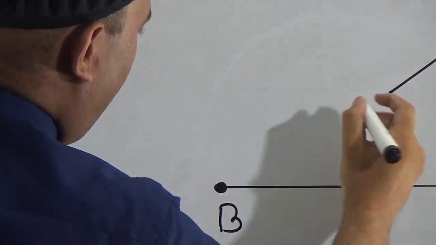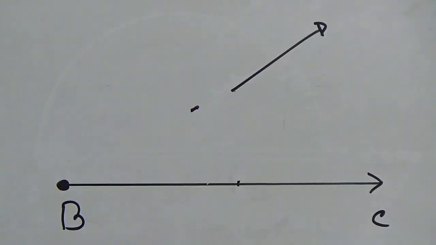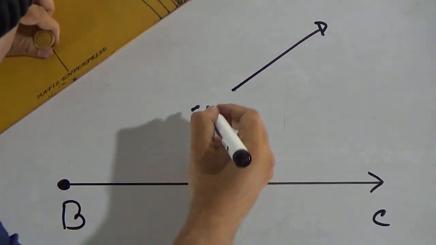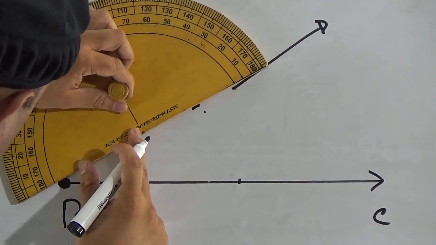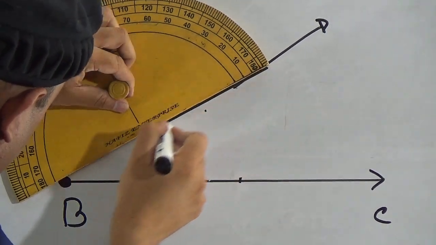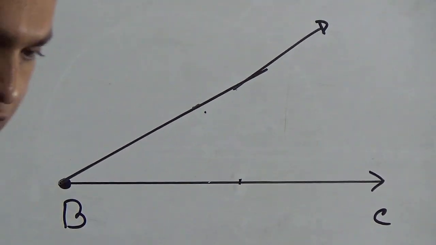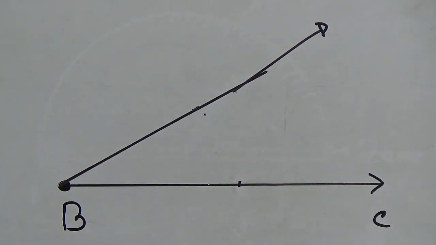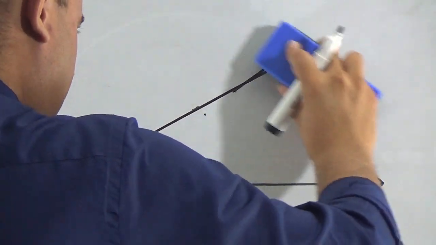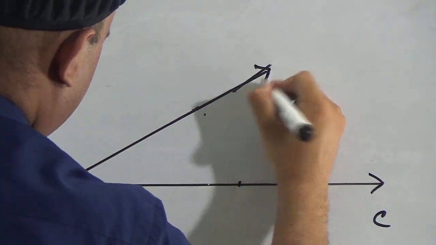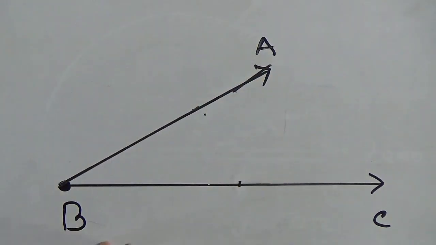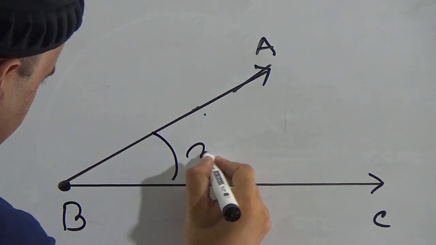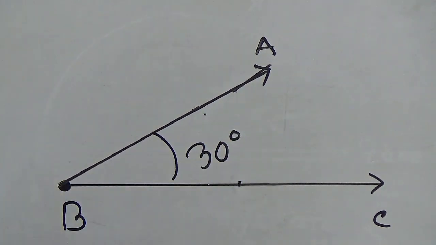Then we have already marked the point of 30 degrees. Now join this point and this point, so if I denote this point by A, then we can say ABC is an angle of 30 degrees.